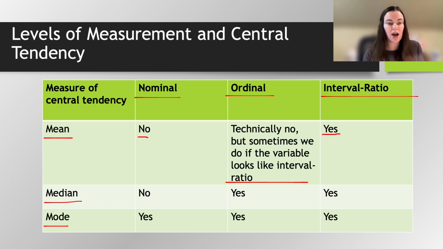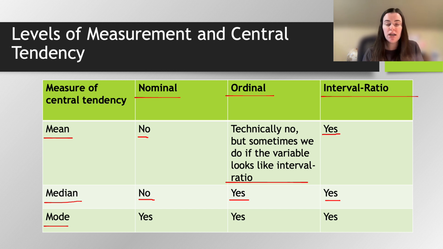In terms of calculating the median for a nominal level variable, since there isn't a ranked order like there is for ordinal and interval ratio level variables, we can't determine the median for a nominal level variable. But we can for both ordinal and interval ratio because there is an order that makes sense to us. And because of that ranked order, we can put them from highest to lowest and find what that median or 50% value actually is.